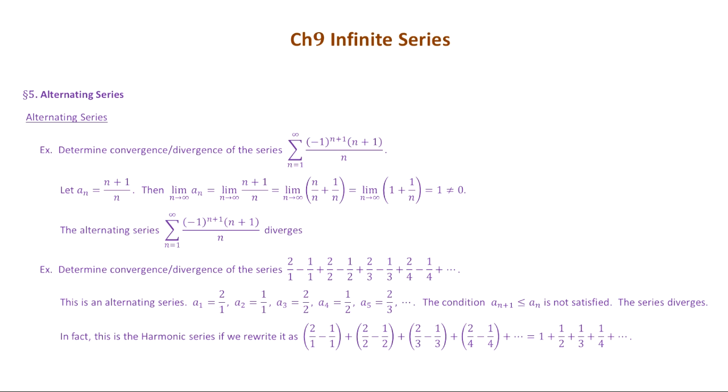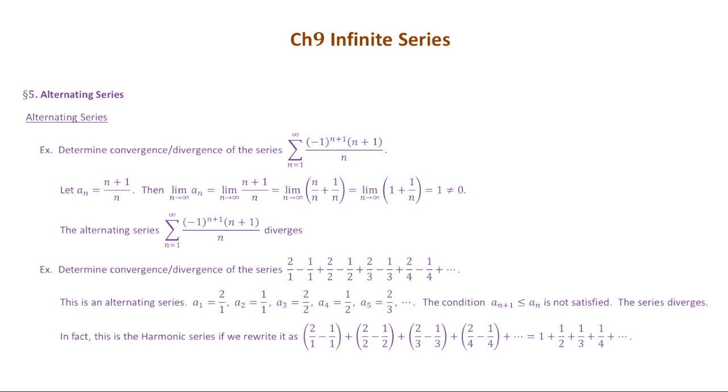So that's this example, and let's do another one. This time we have a series of 2/1 minus 1/1 plus 2/2 minus 1/2 plus 2/3 minus 1/3 plus 2/4 minus 1/4. The denominator of this series just increases by 1 for every 2 terms, and the numerator just changes back and forth between 2 and 1.